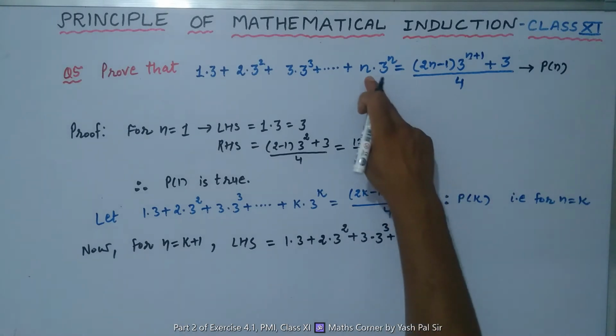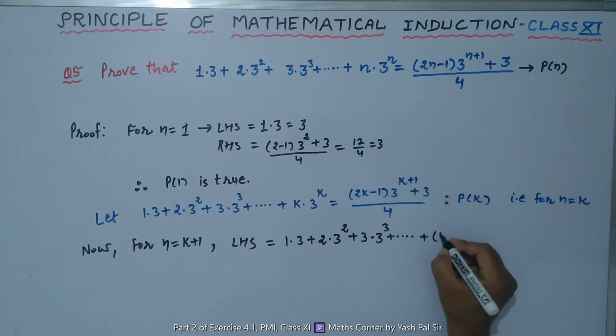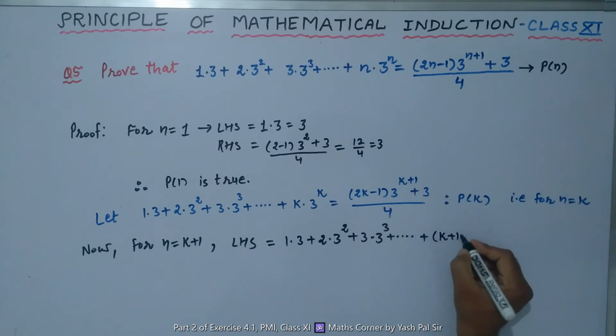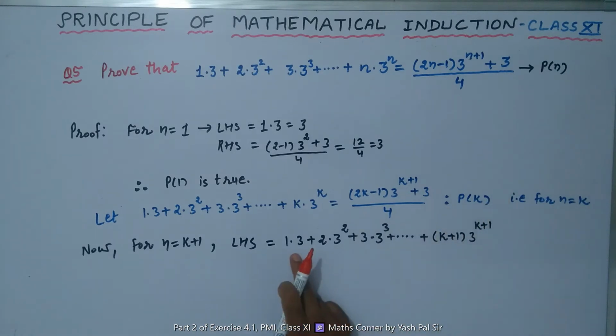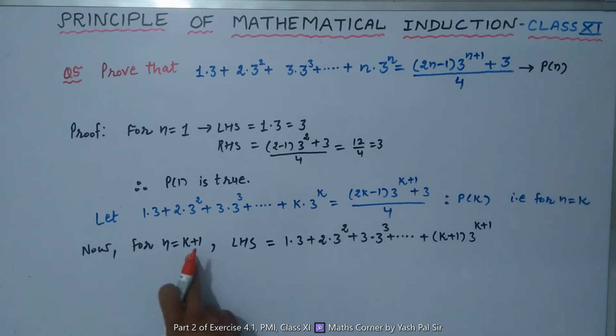The last step will be n is equal to k plus 1, that is (k plus 1) into 3 raised to power k plus 1. Our purpose is to prove that the left hand side should be equal to the right hand side with n is equal to k plus 1.